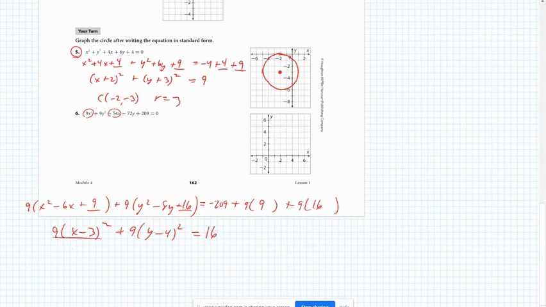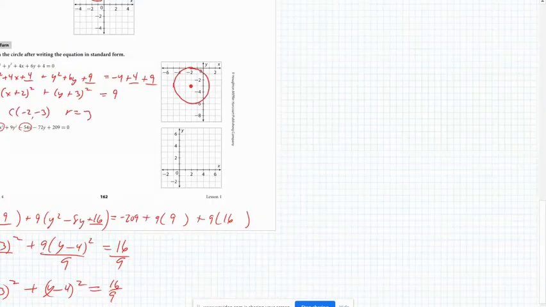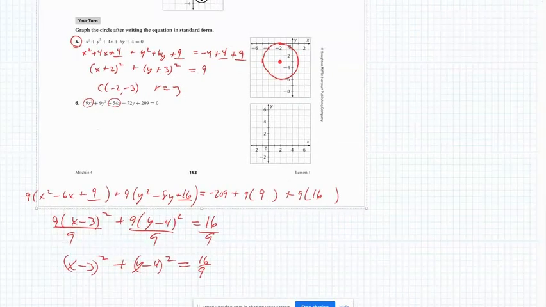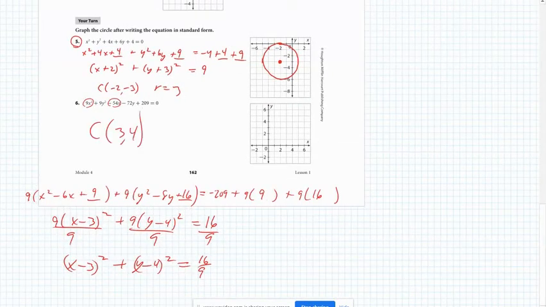And so if I divide everything by 9, then we have x minus 3 squared plus y minus 4 squared equals 16 ninths. And so our center is going to be at 3, 4.